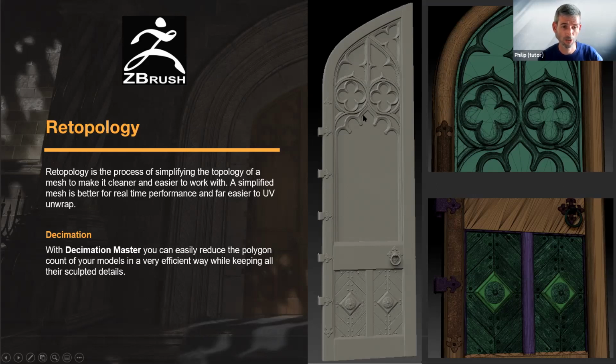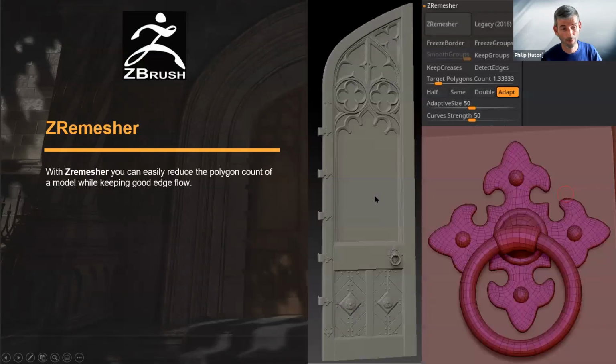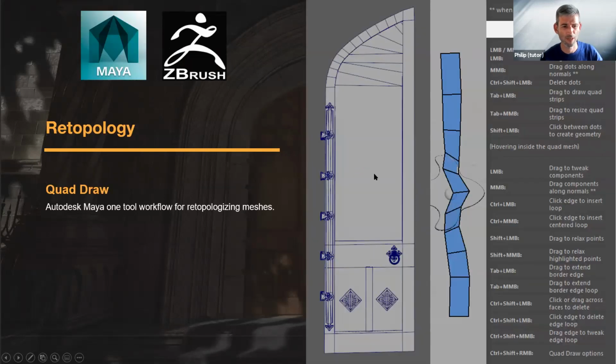You're then going to want to retopologize it so you can get it into a DCC package like Blender or Maya in this case. So I used Decimation Master for that, which reduced the poly count considerably so I can import it in. I'll then use Quad Draw to redraw my edges over the model and make it a much simpler version. Another reason why you'd want it really simple is that it's much easier to UV map.